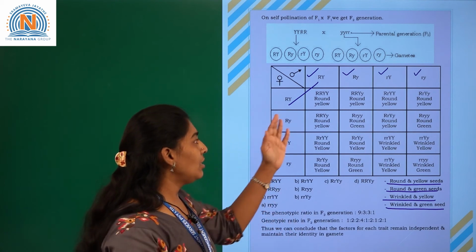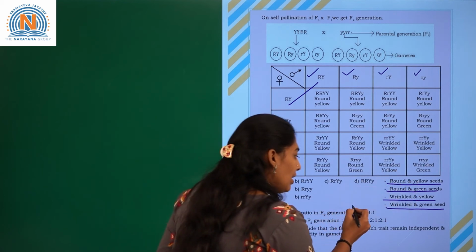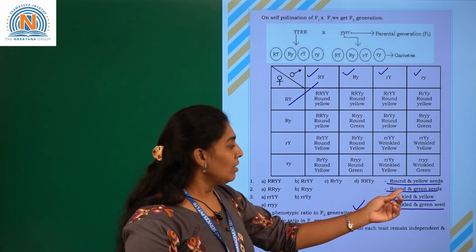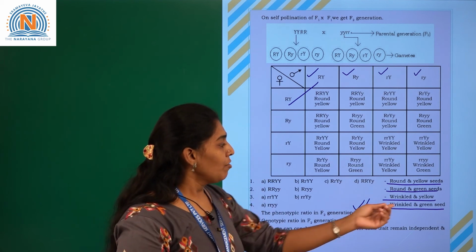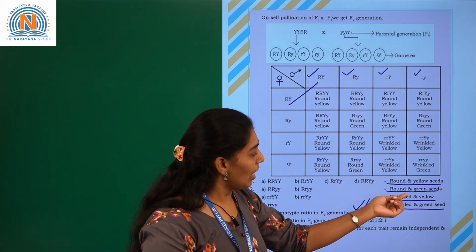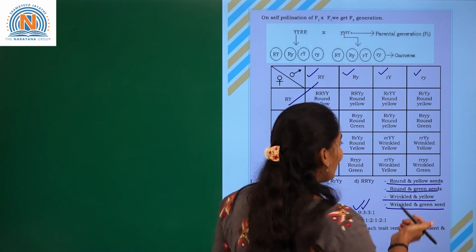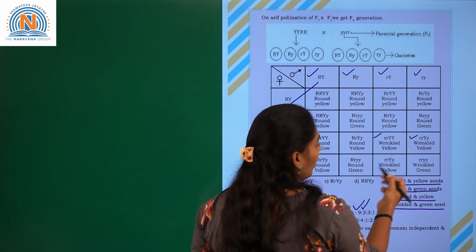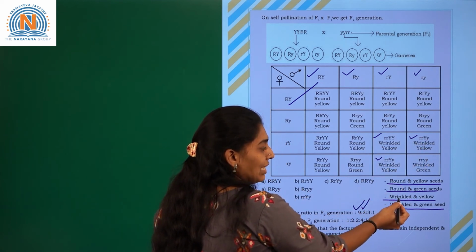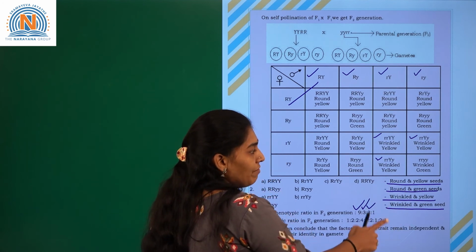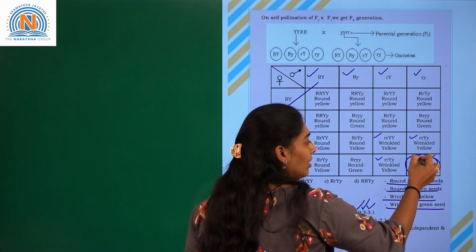So nine characters are round and yellow, three are round and green, three are wrinkled and yellow, and only one is wrinkled and green.